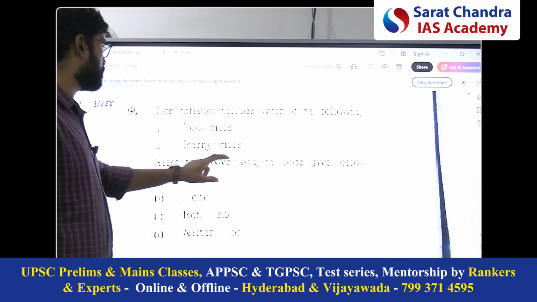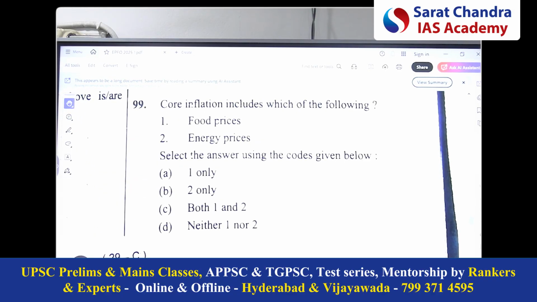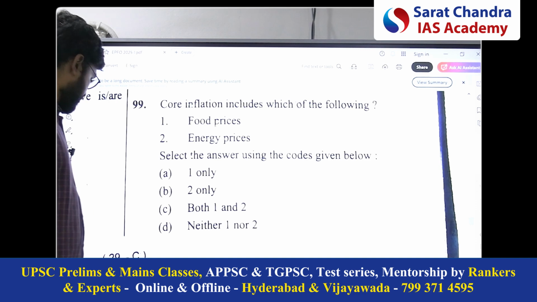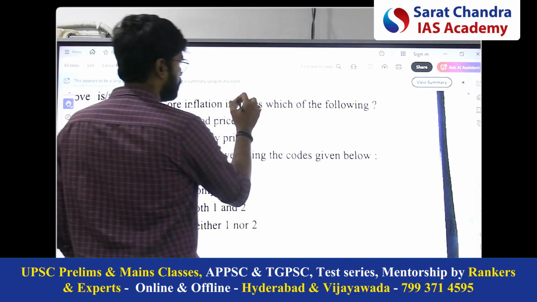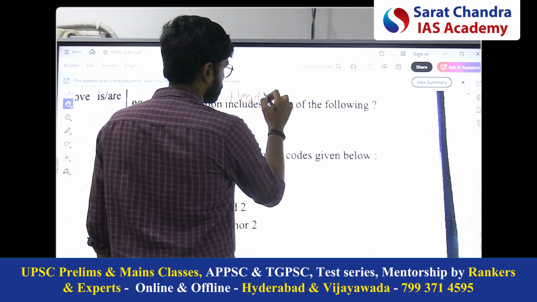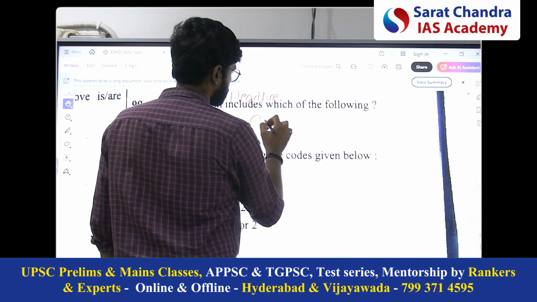Look at this question. Core inflation includes which of the following? Core inflation includes which of the following? What is the answer? See, there are two types of inflation which you need to understand: headline inflation and core inflation.